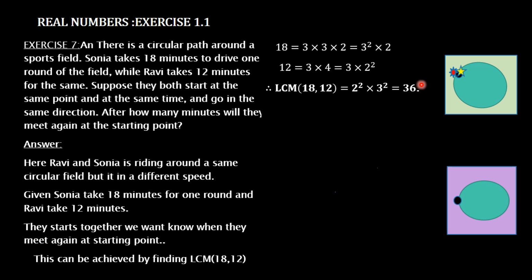Let us have a look at how it is happening. So here Ravi and Sonia are starting together. Then see what will happen at 12 minutes.